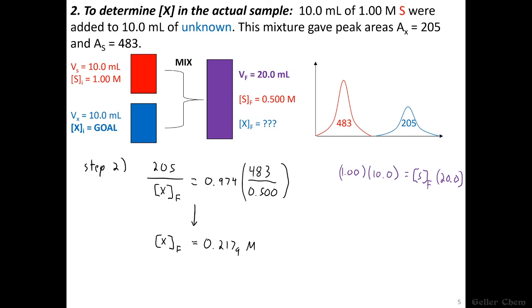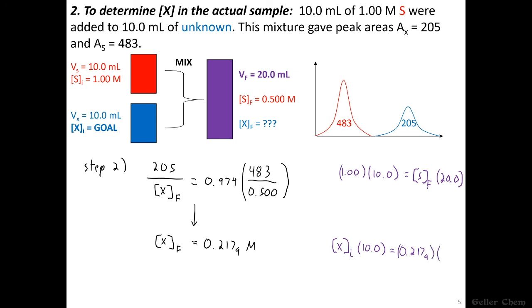What is the first molarity, or the initial concentration, of our analyte, times its initial volume, which we do know. It's also 10.0 milliliters. And we now know its final concentration was 0.217 little 9.